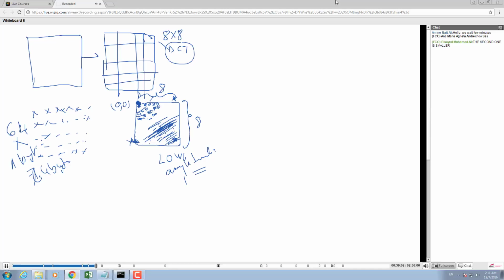Can you propose to me? If in this zone the energy is very low and here the energy is high, we can keep just the region where the energy is very high, and we neglect all this part.